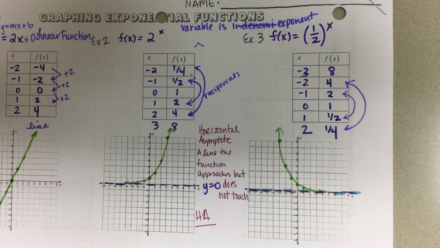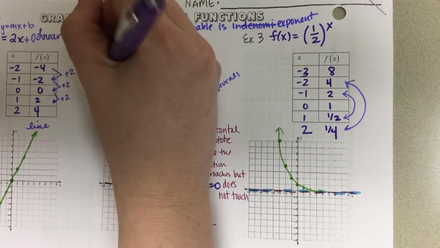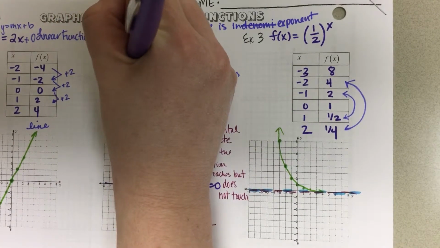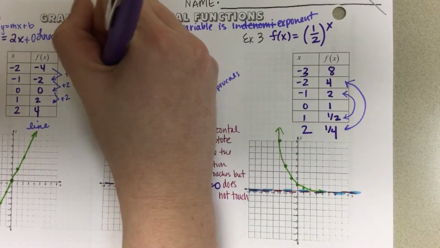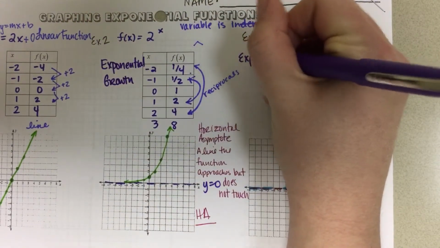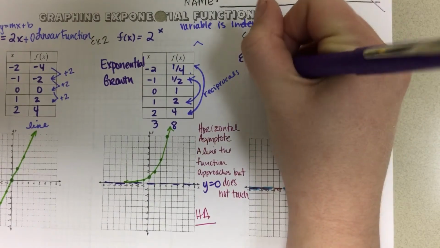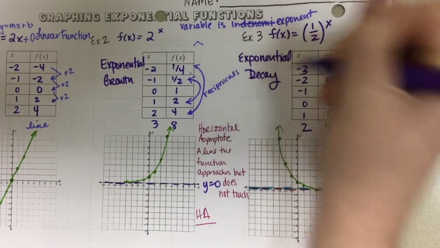Now, each of these functions is representing an exponential function. But in this function, as my x's are increasing, my y's are increasing. So we consider this function to be exponential growth. And this function is exponential decay.